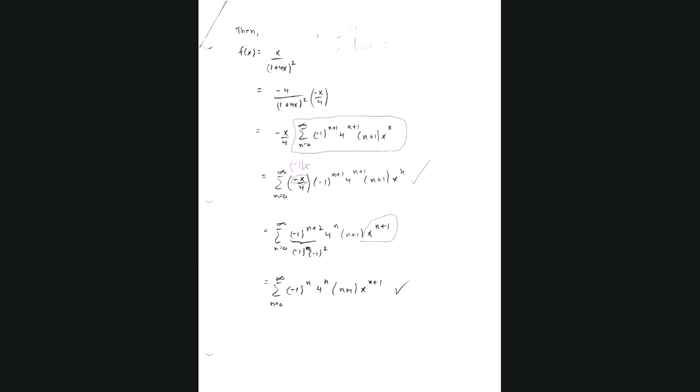So hopefully you're seeing where all these come from. 4 to the n plus 1 divided by 4 is 4 to the n. And you have the n plus 1 here. Are there any questions? We're going to do one more step then.